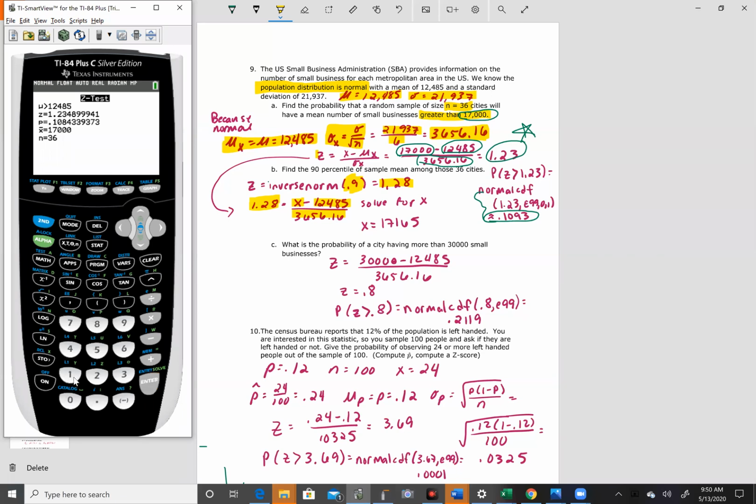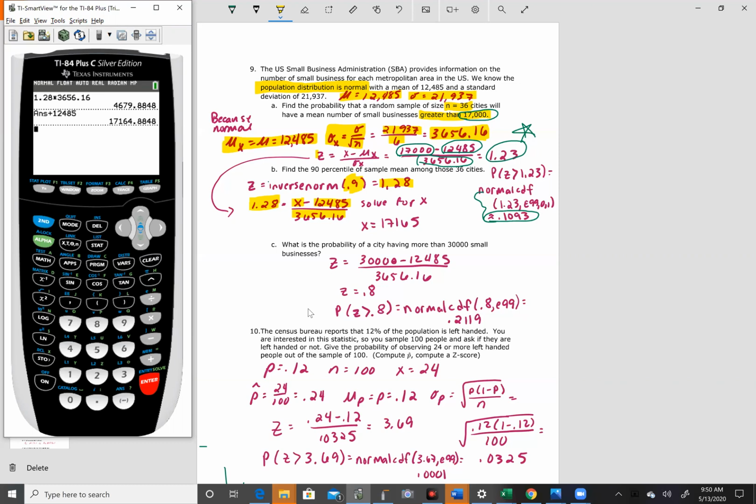Just to undo this, I'm going to take 1.28, multiply it by 3656.16. That's the first step. And then add 12,485. And you get 17,164.88. I just left it as a whole number, although I guess since it's a mean, you could do a decimal. I'm fine with this though.